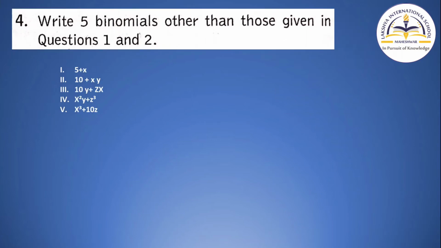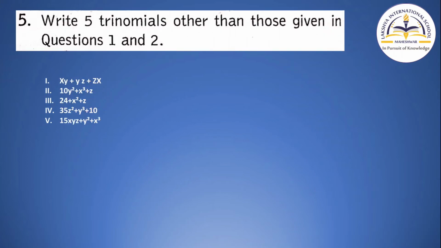Now question number 4, write 5 binomials other than those given in questions 1 and 2. Same here, you have to write binomials: 5 plus x, 10 plus xy. You can write any. Now question number 5, write 5 trinomials other than those given in questions 1 and 2. xy plus yz plus zx, 10y square plus x cube plus z. Any terms you can use. 24 plus x square plus z. So like this.